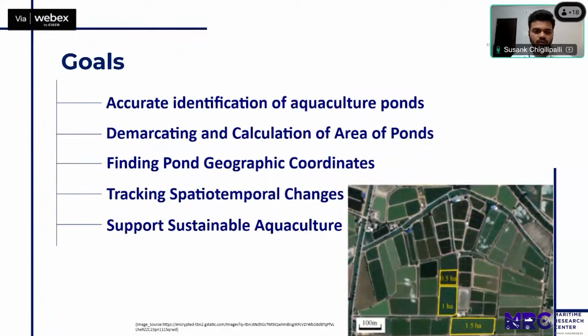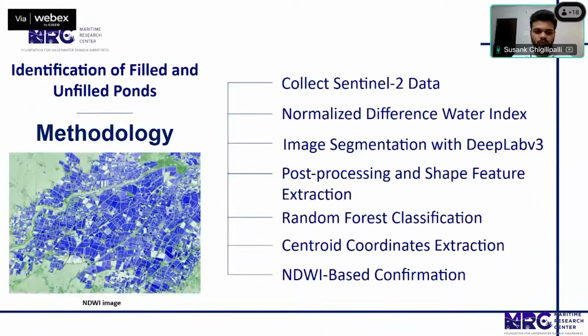Our study focuses on identification of filled and unfilled ponds, demarcating them, calculating cumulative area of aquaculture ponds for spatiotemporal analysis, and finding the coordinates and converting them into geographic latitude and longitude coordinates for accurate marine spatial planning, and also tracking spatiotemporal changes for sustainable aquaculture management.